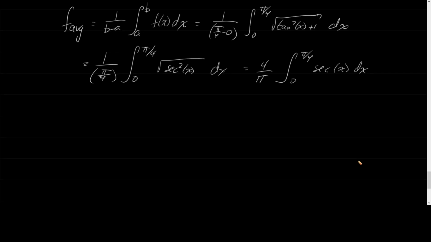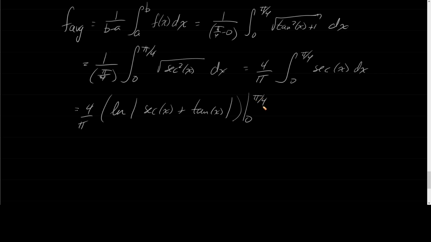And from there, what was the integral of secant? It was ln of the absolute value of secant plus tangent, all of this evaluated from 0 to pi over 4. And what does that give us?